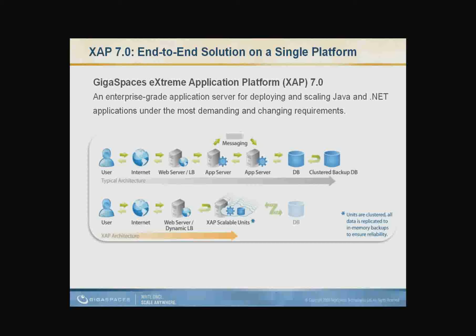So what we can see is that there are several problems here, or challenges, I would say. One is the number of moving parts. There are too many moving parts. Each one of them assumes nothing about the other tier and therefore built its own clustering model, high availability model, etc. The other thing that we can see in that picture is that we have a lot of network hops, which basically means that when a user clicks a button, if he needs to go through all those hops, the latency is going to be driven by the number of calls that we're going to have between those different tiers, which means that we're going to be limited in how fast we can go.